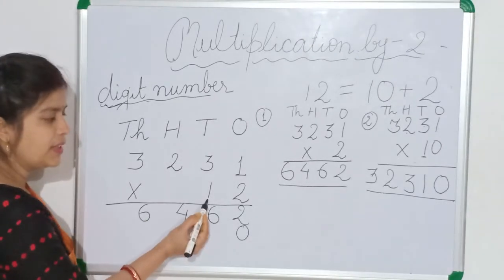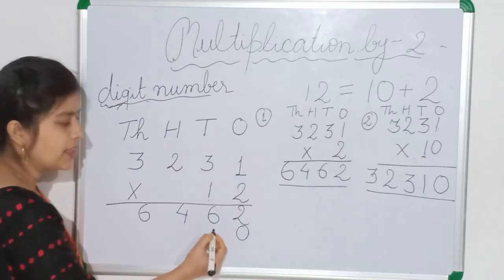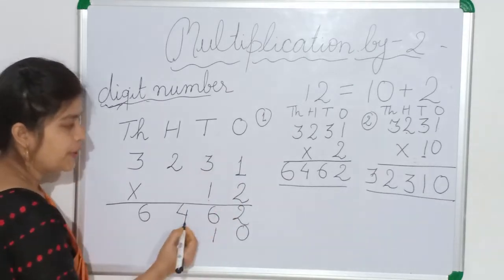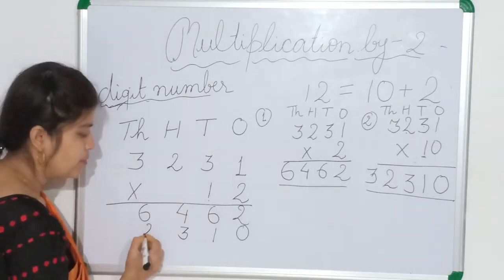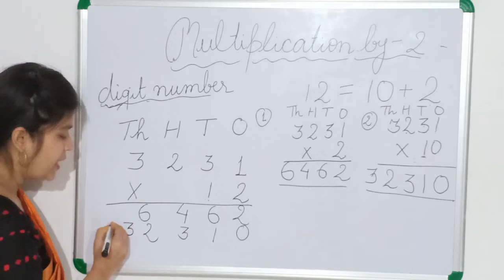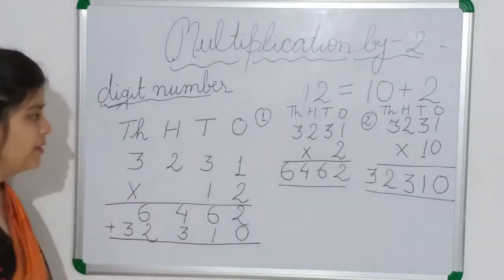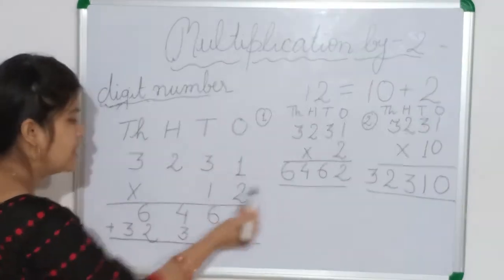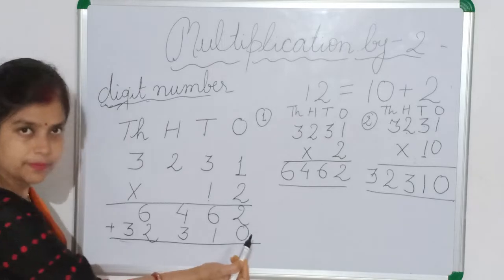Now we will multiply with the digit which is in tens place, one by one. 1 ones are 1, 1 threes are 3, 1 twos are 2, and then 1 threes are 3. Then we will add both the numbers.